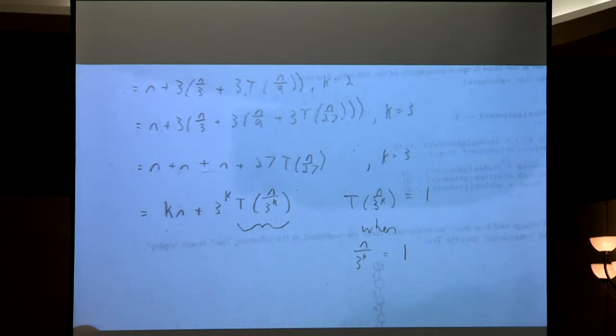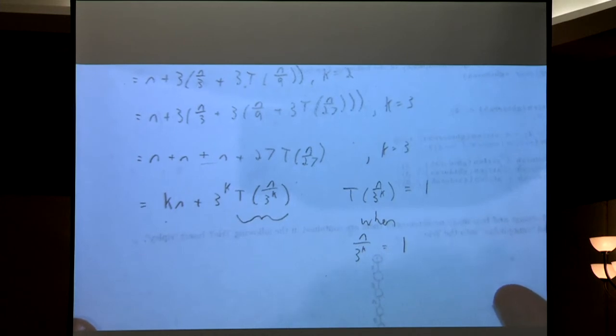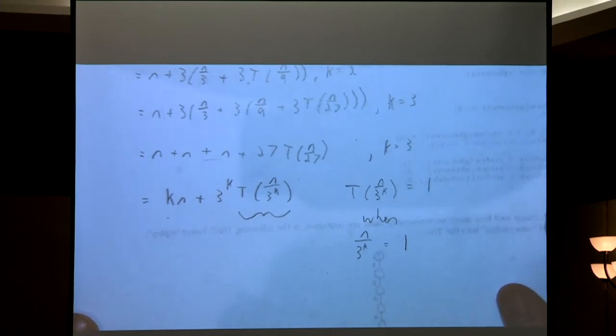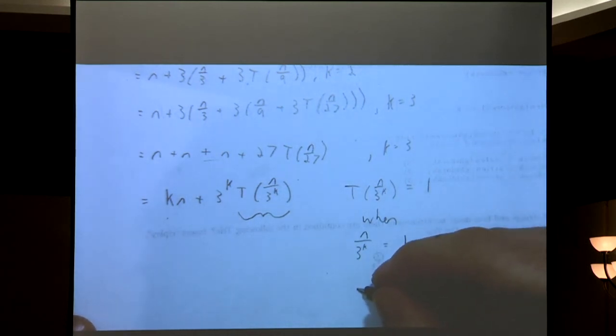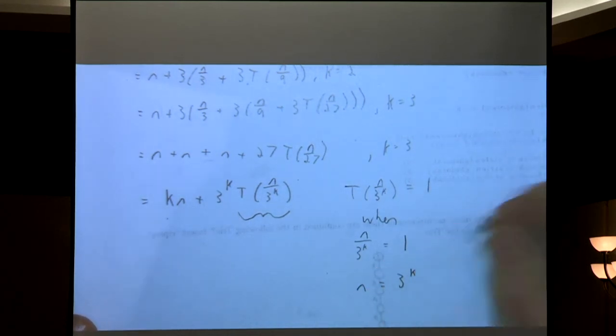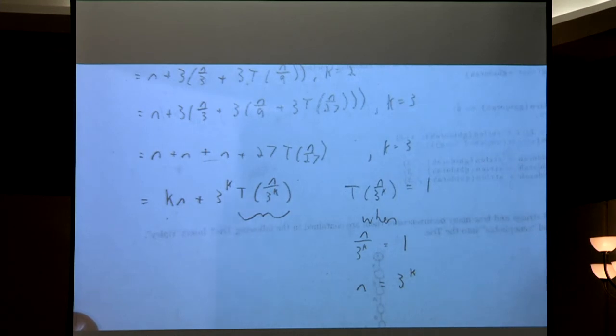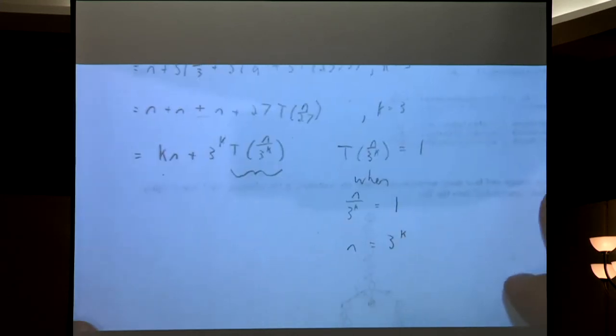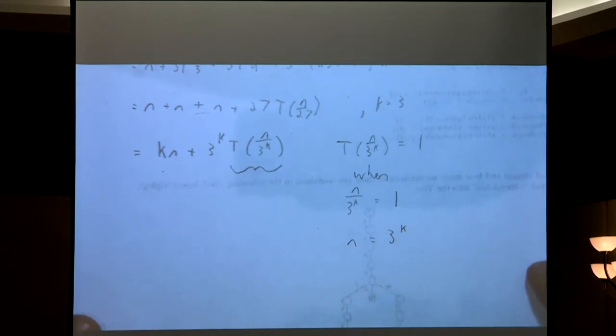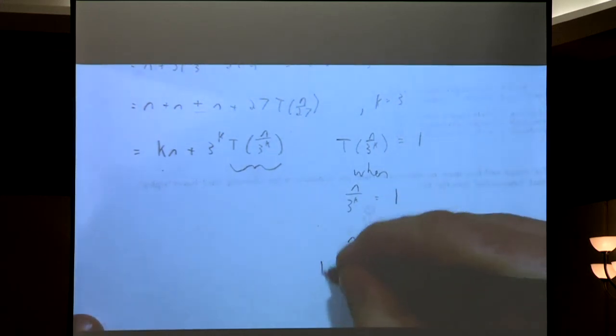So let's solve for k in terms of n. What should the next step be? Algebra. So what's the first algebraic step? Yeah, multiply by 3 to the k. What's the next algebraic step? Log base 3, yeah.